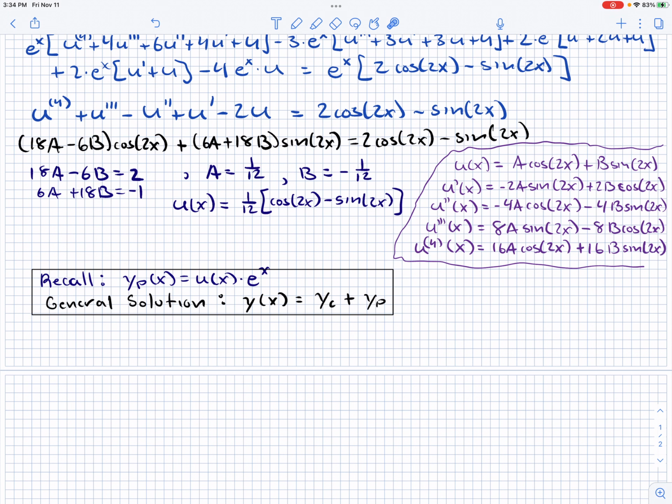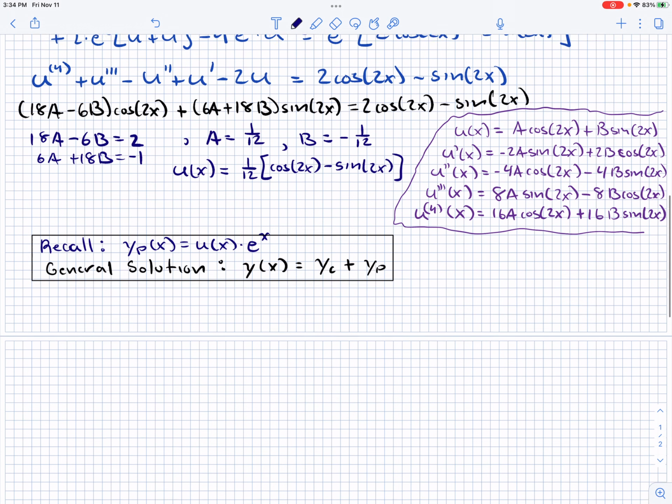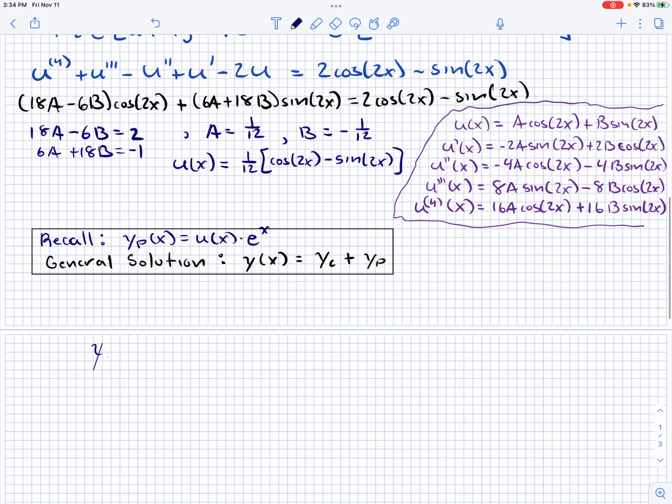We just did that to hopefully keep things in order easier. So our particular solution is going to be e to the x over 12 times cosine of 2x minus sine of 2x.